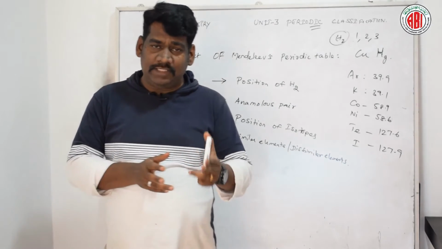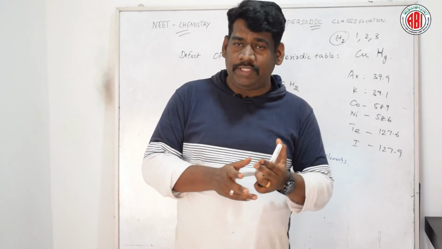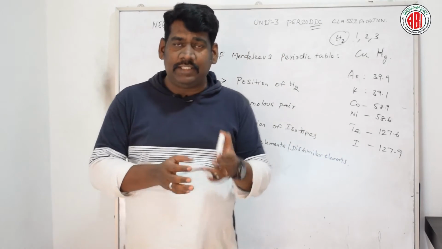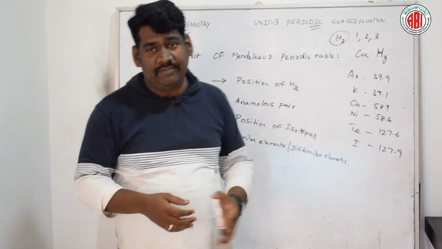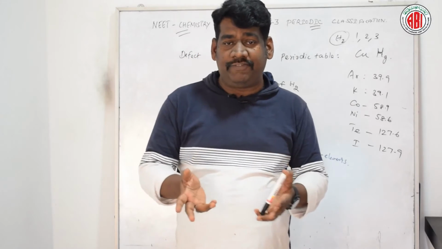Similarly, the elements of group 1A, for example lithium, sodium and potassium, the alkali metals, were grouped with copper, silver and gold, but their properties are quite different.